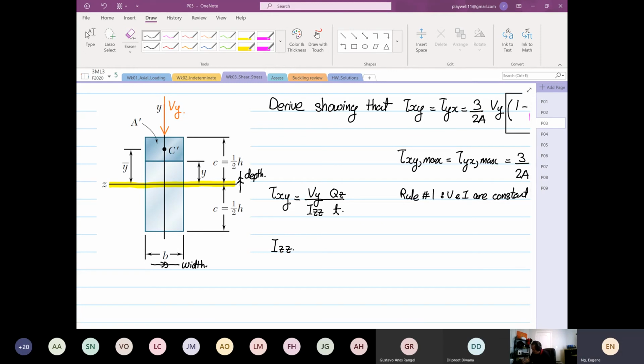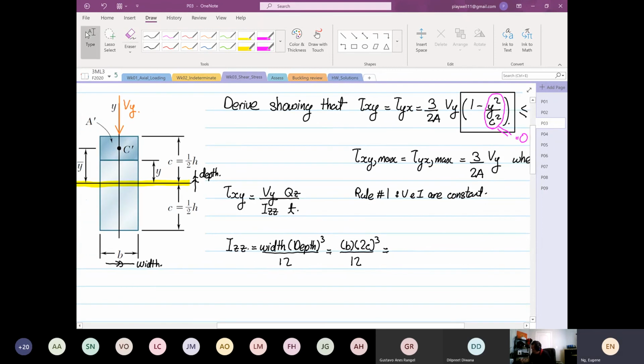So Izz for a rectangle is width times depth cubed divided by 12. So width is equal to b, depth is equal to 2c, cubed over 12. So this will eventually be equal to 8bc cubed over 12, so 2/3 bc cubed.